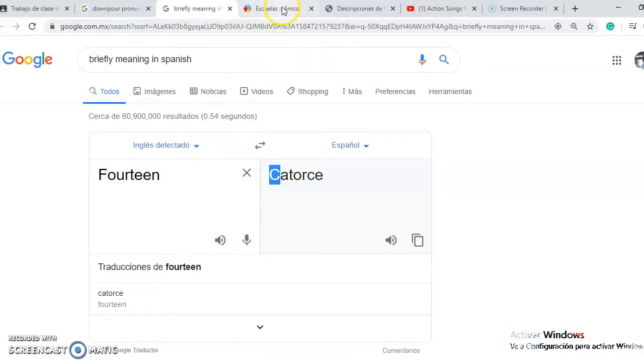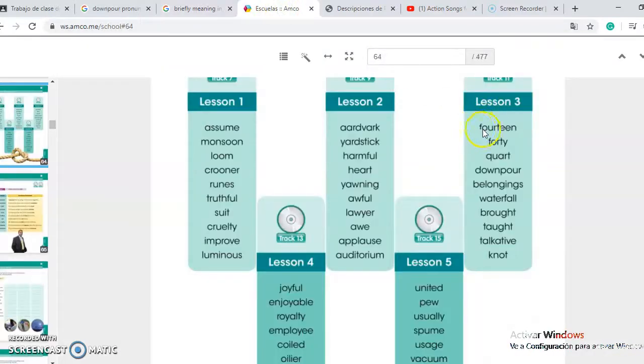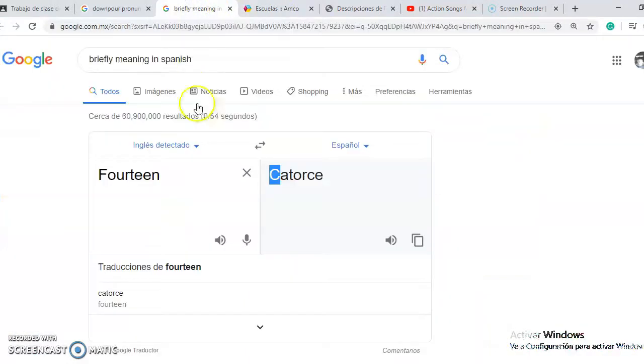Fourteen, 14. I have to open the word, spell the word, and close the word. This is the right way to spell the words for this lesson.